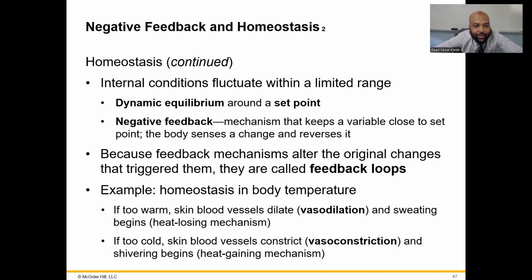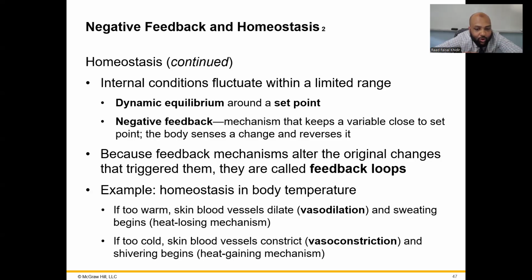Negative feedback is a mechanism that keeps a variable close to the set point, and the body senses a change and reverses it. Because feedback mechanisms alter the original changes that triggered them, they are called feedback loops.